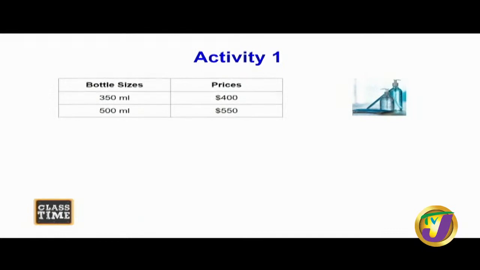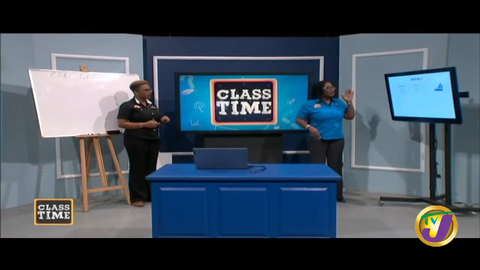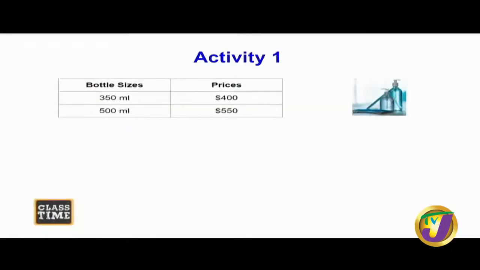So I'm looking at this, Latoya, and since we're going to be looking at the same quantity, I like that strategy. We're using the same quantity, and then we're going to compare prices for that same quantity. Now, when I look at this, we see 350 milliliters and 500 milliliters. Clearly, these are not the same quantity here.